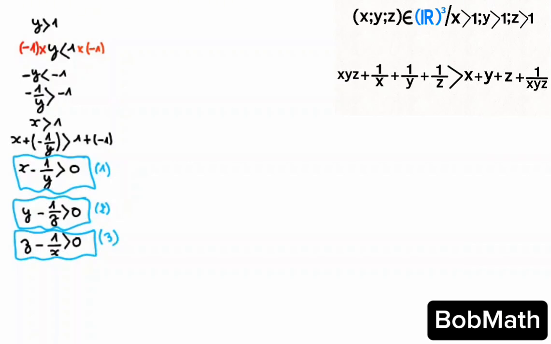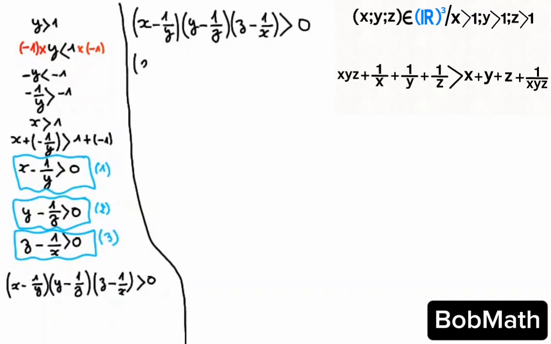Now we multiply these inequalities 1, 2, and 3 side by side. So we get x minus 1 divided by y times y minus 1 divided by z times z minus 1 divided by x is greater than 0.